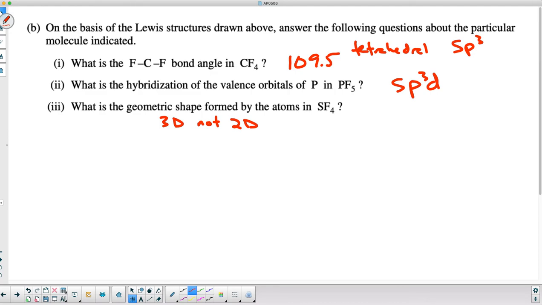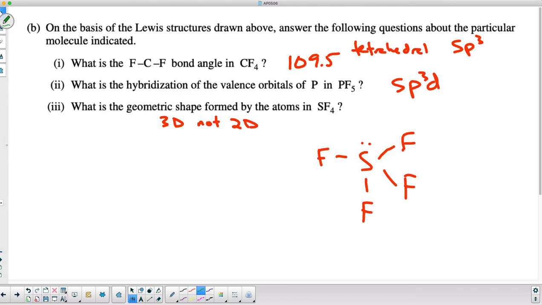Okay, what is the geometric shape formed by the atoms in SF4? Now, if you remember what this looks like, SF4 looks like that. And then I count up the number of bonds and lone pairs on the central atom. The central atom is S because it's the least electronegative and it's the one that comes first.